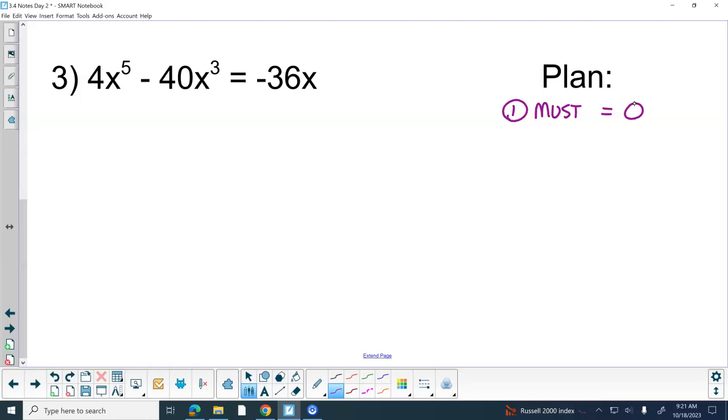So that's going to dictate which way you go. It doesn't matter which side you get equal to 0, but you want that lead coefficient to be positive.